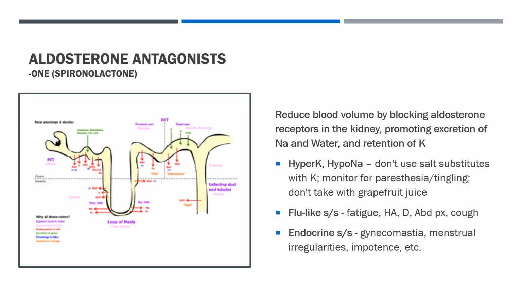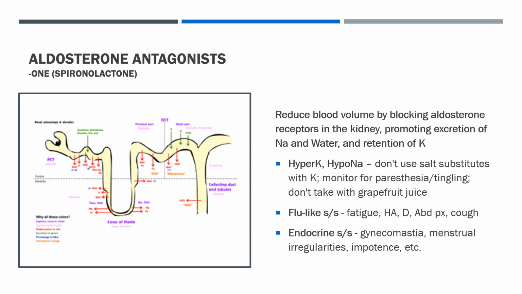Aldosterone antagonists, such as spironolactone, are going to reduce the blood volume by blocking aldosterone receptors in the kidney, promoting excretion of sodium and water and retention of potassium. So this may cause hyperkalemia and hyponatremia. So watch those salt substitutes, monitor for paresthesia and tingling, and don't take this medication with grapefruit juice because this can worsen these effects.